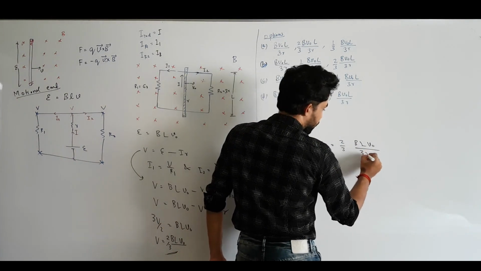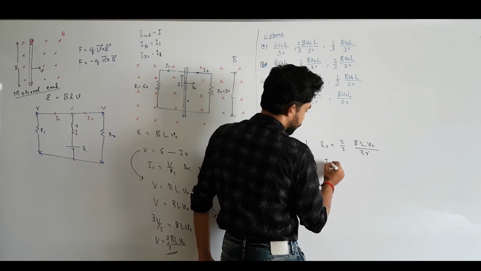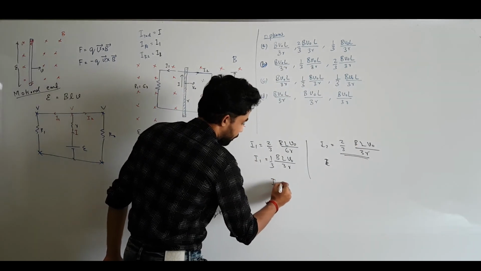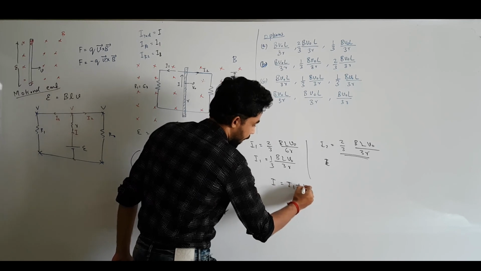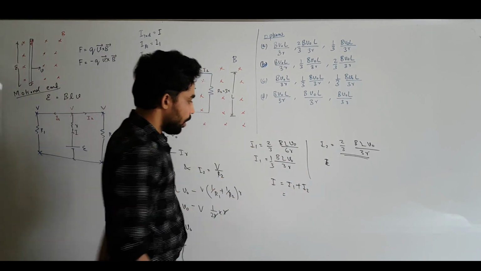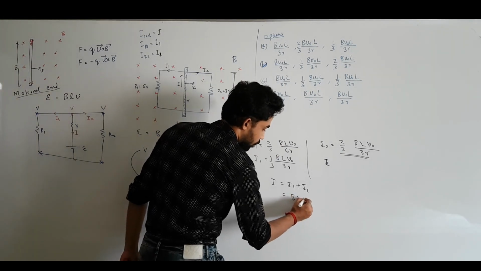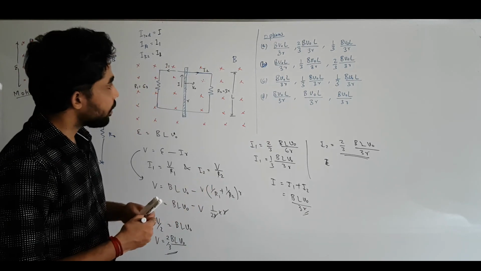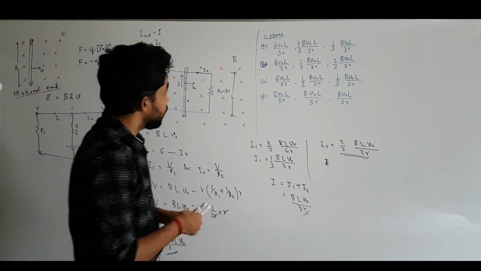Also I will be I1 plus I2, and if I add these two, I'm going to get BL V naught divided by 3R. So from the options, the correct option should be this.